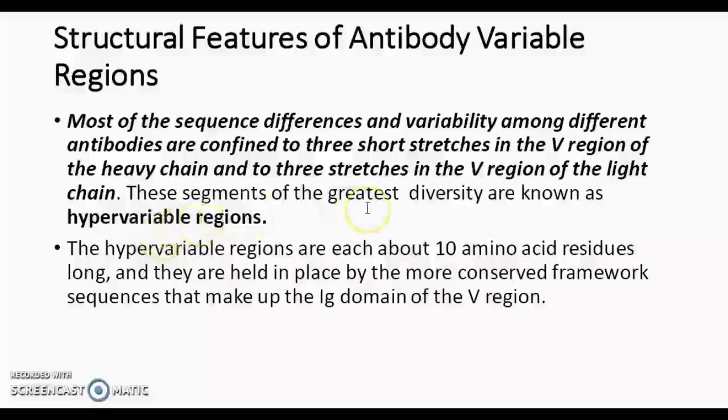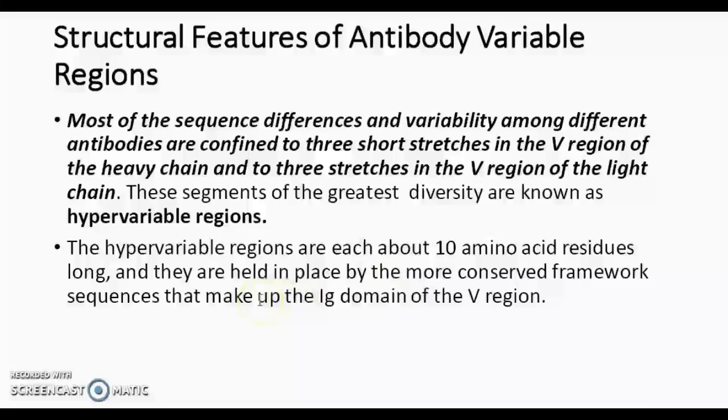These segments of greatest diversity are known as hypervariable regions. The hypervariable regions are each about 10 amino acid residues long, and they are held in place by the more conserved framework sequence that makes up the immunoglobulin domain of the V region.